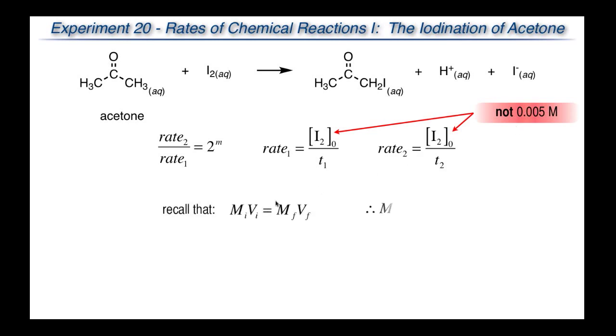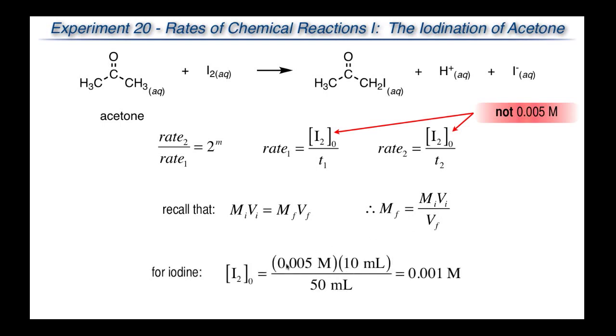So recall that the initial molarity times the initial volume is equal to the final molarity times the final volume. And if we rearrange this, we get the final molarity, which is the concentration of I2 in this case, equals the initial molarity times the initial volume divided by the final volume.